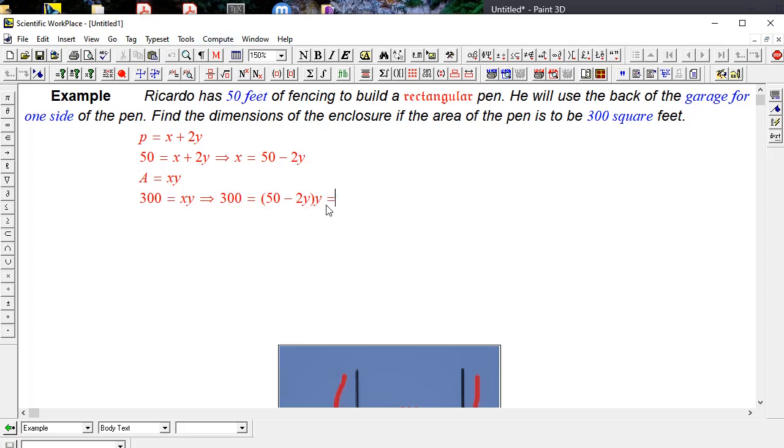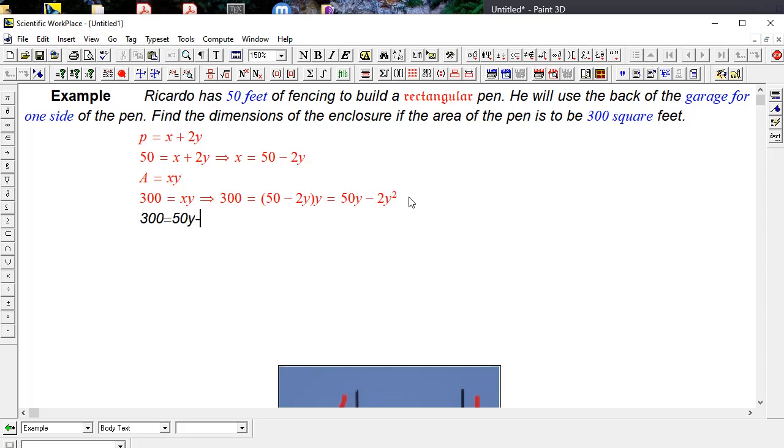So we need to distribute this y over the bracket. We will get 50y minus 2y squared. Done. Okay, so my new equation here is 300 equal to 50y minus 2y squared.